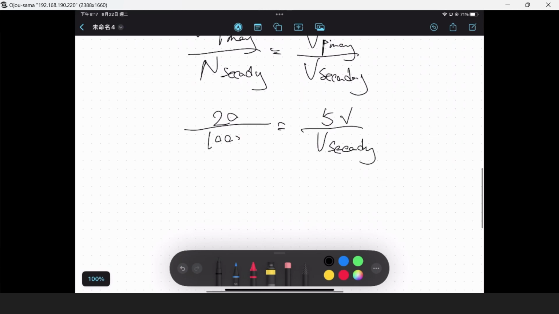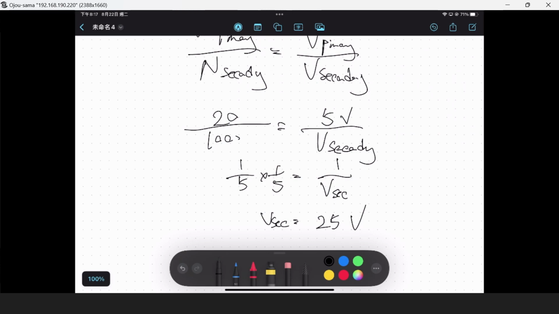The ratio is 1 over 5, so 1 over 5 times 1 over V secondary. So you see the voltage is increased 5 times.